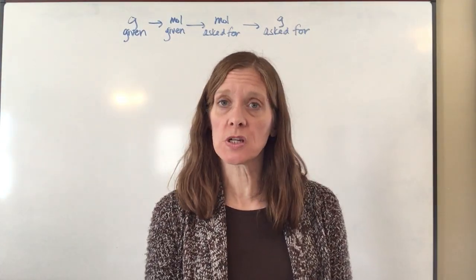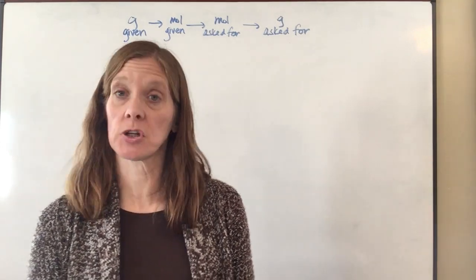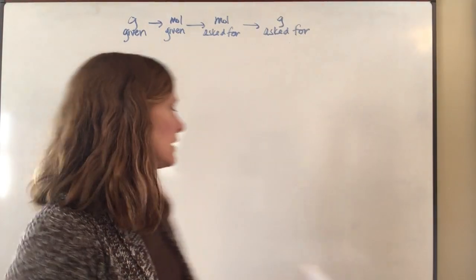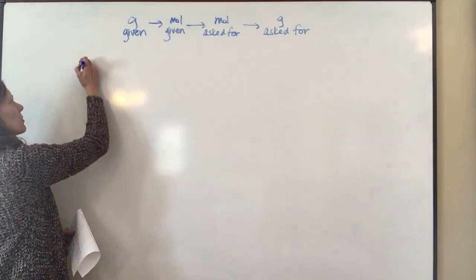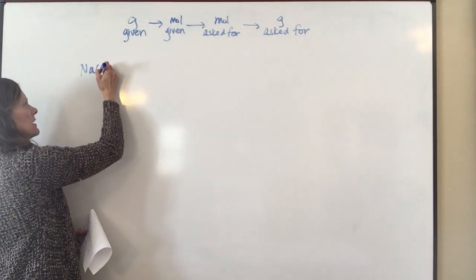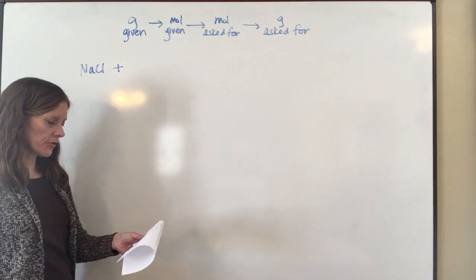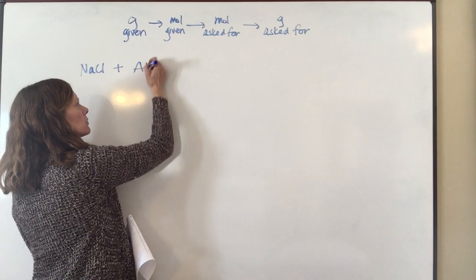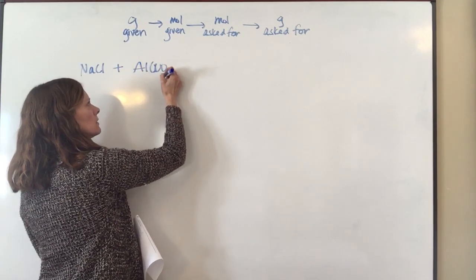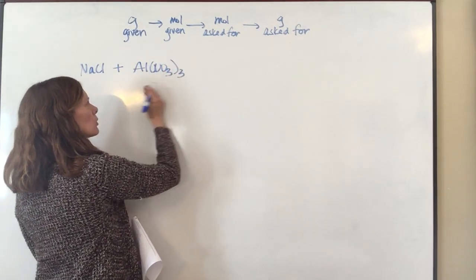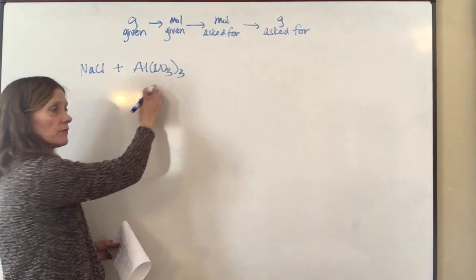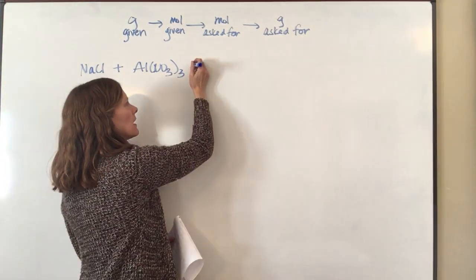There's a lot of words in here, so let's take it a step at a time and figure out exactly what's going on. So a chemist reacts NaCl, so that's what I'll start with, NaCl with an excess of aluminum nitrate. Aluminum is a +3, nitrate is a -1, so I need 3 of them in order to balance.